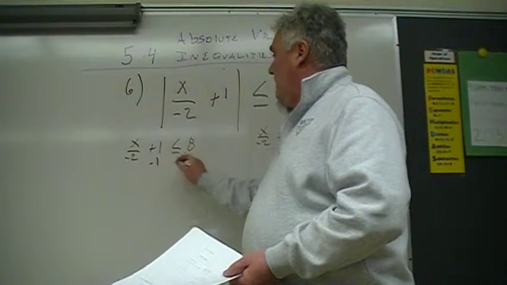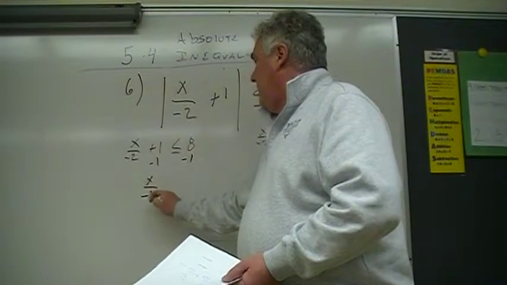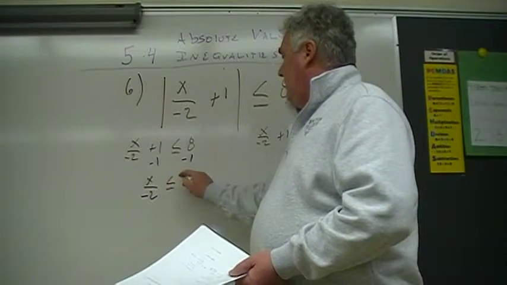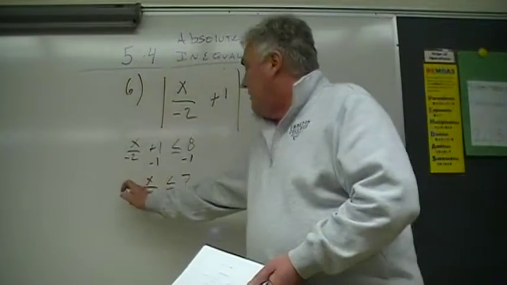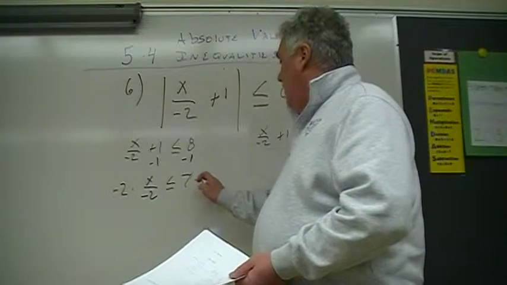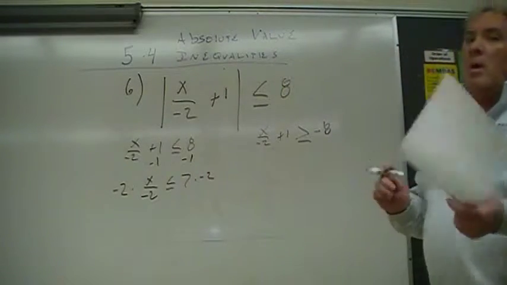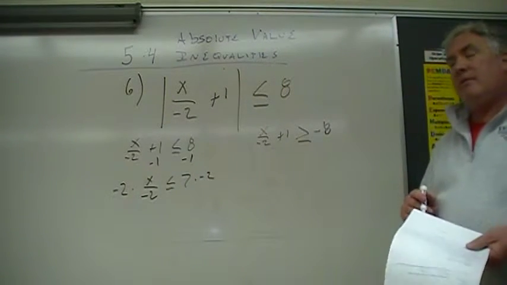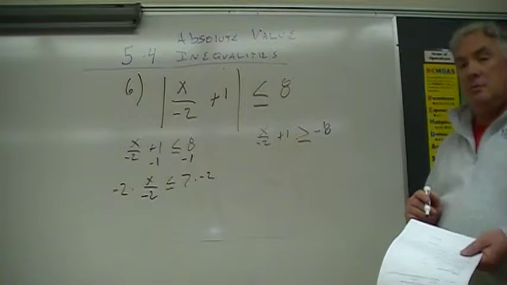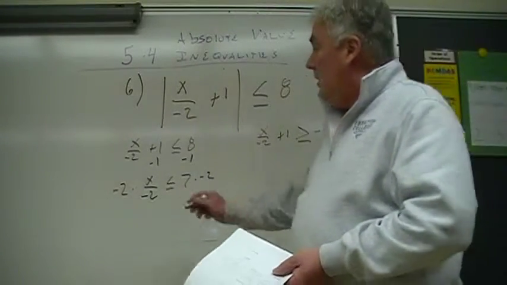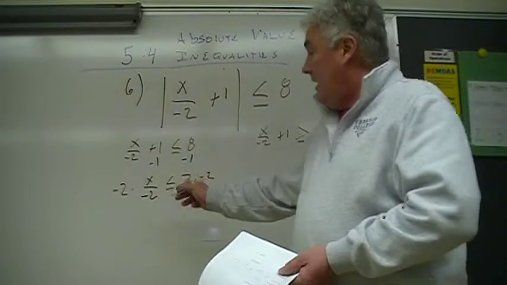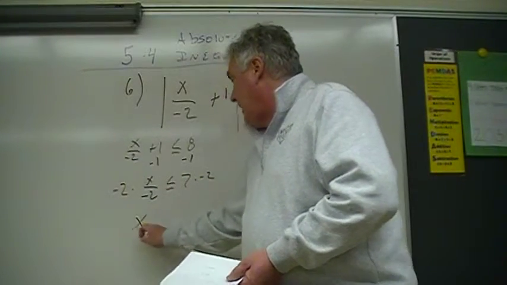Minus 1, x over negative 2 is less than or equal to 7. Multiply both sides by negative 2. What do we do? Remember this from 5.2, before vacation. When you multiply or divide by a negative, we've got to change the sign again.